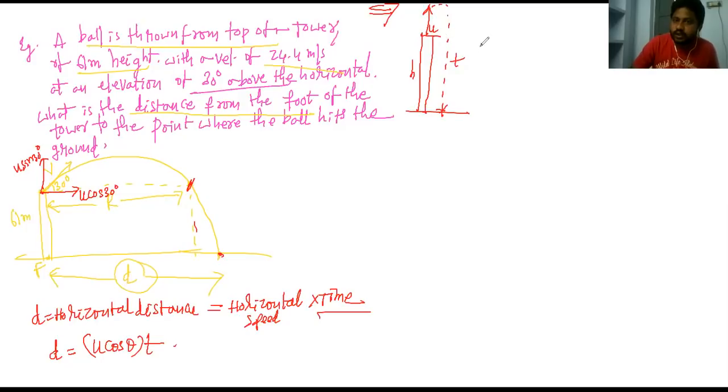In this case, what is the height of the tower? Do you remember the formula? Is it half g t square minus u t? This is the case in motion in one dimension we had discussed, my dear students.